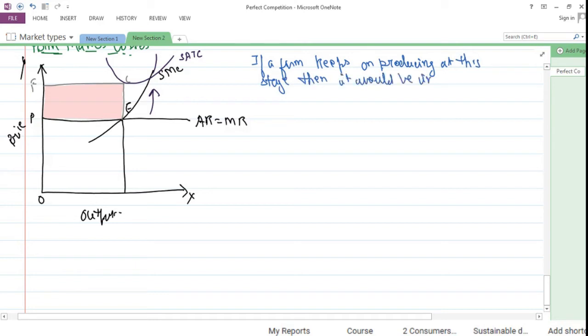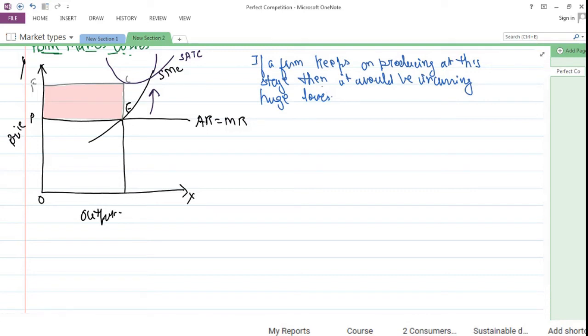It would be incurring huge losses. This is because by producing and earning some revenue, it might be possible that the firm is able to cover some of its fixed cost in addition to the variable cost.